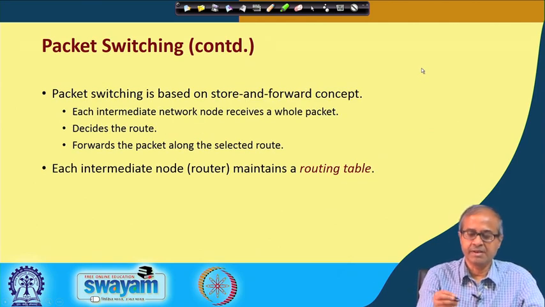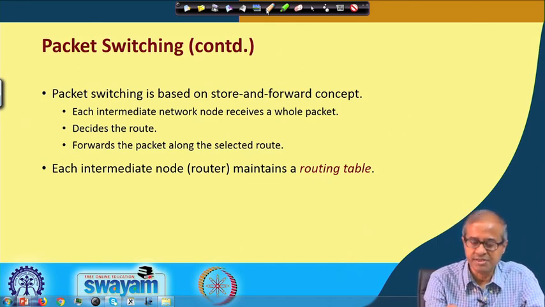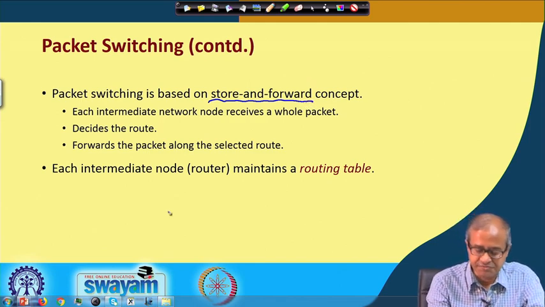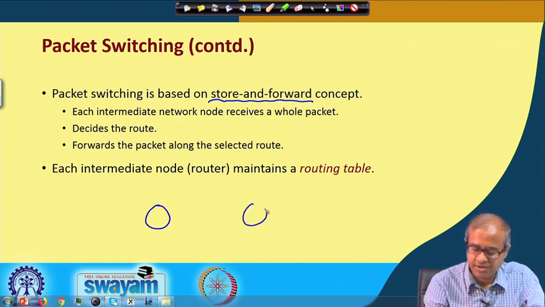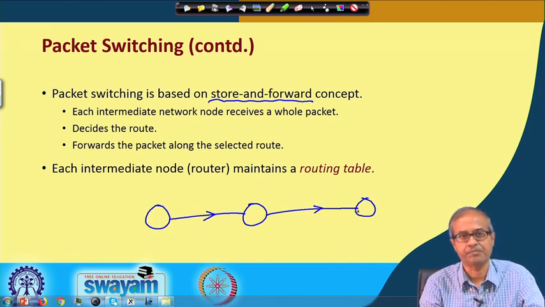All right. There is another very important concept used here, which is called the store and forward concept. The idea is as follows. Let us say I have a node here, a node here, and a node here. I am sending some data first to here, and this node is forwarding the data to the next node.